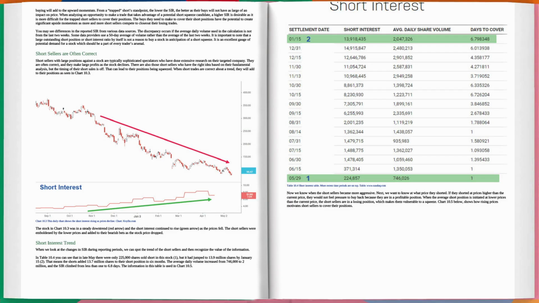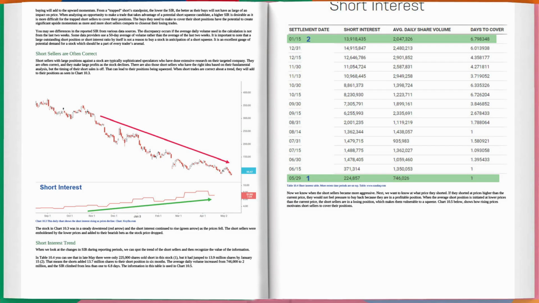That can lead to their positions being squeezed. When short trades are correct about a trend, they will add to their positions as seen in Chart 10.3. The stock in Chart 10.3 was in a steady downtrend (red arrow), and the short interest continued to rise (green arrow) as the prices fell. The short sellers were emboldened by the lower prices and added to their bearish bets as the stock price dropped.